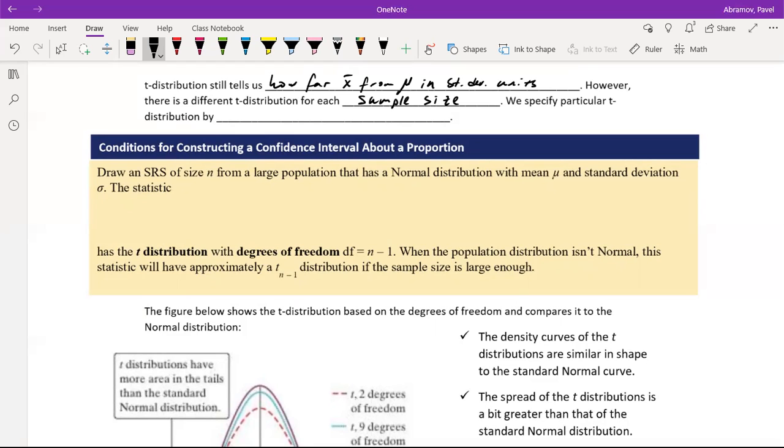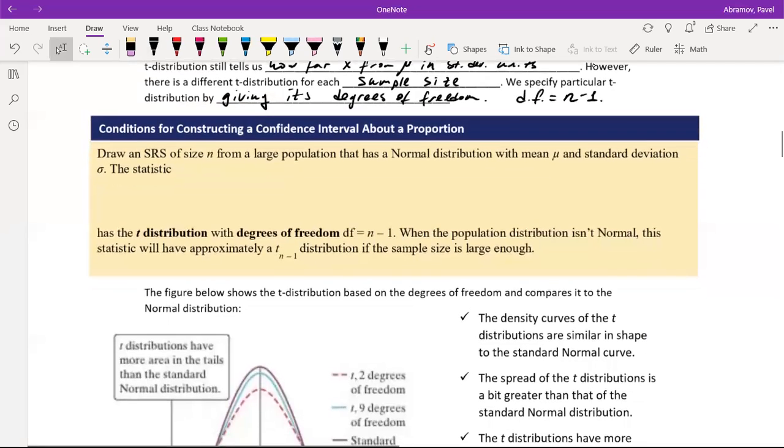So therefore, we have to specify a particular t distribution by giving what's called the degrees of freedom. And degrees of freedom we abbreviate as df, and it is equal to the sample size minus 1.